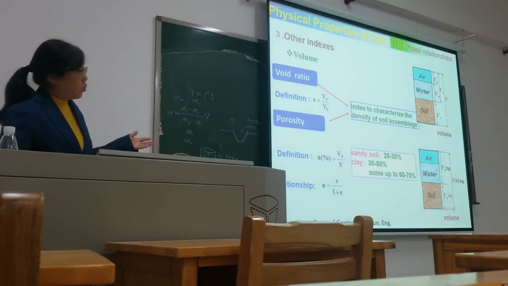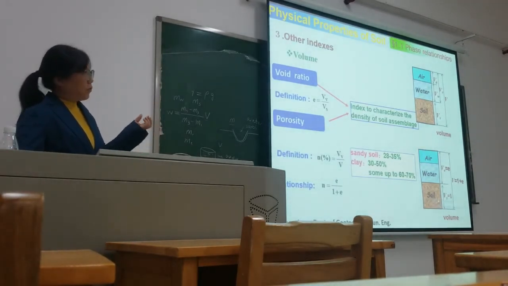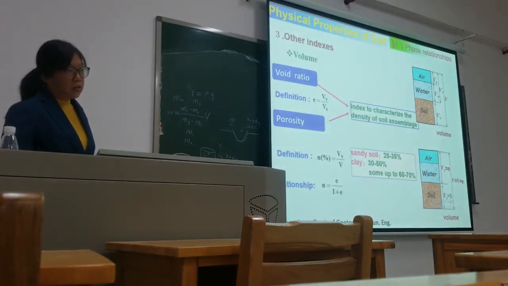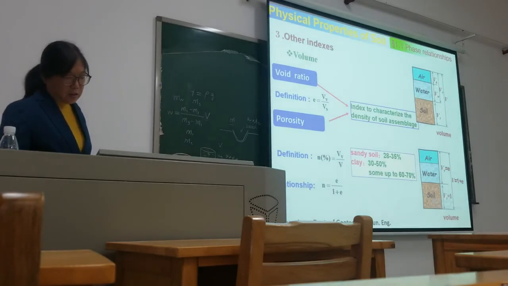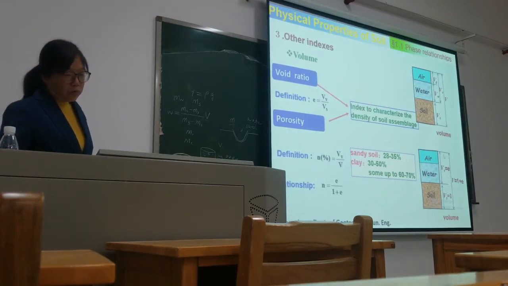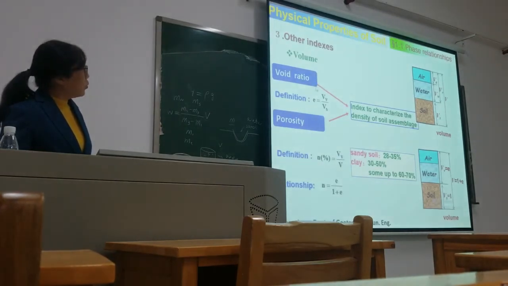If we assume the volume of soil grain equals unit 1, and the volume of void equals E, void ratio.